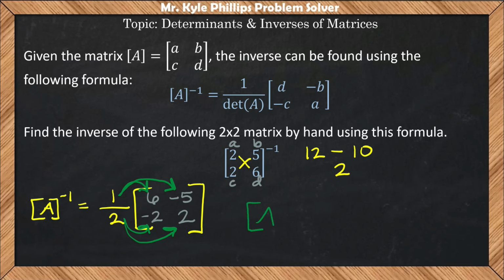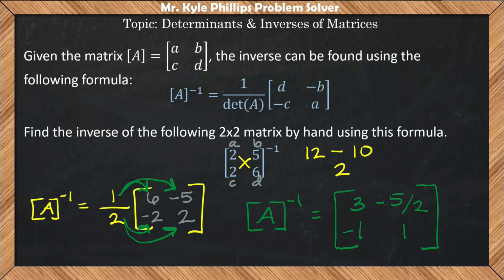So here, my inverse of matrix A is going to equal 1/2 times 6, which is 3, 1/2 times negative 5, which is negative 5/2, 1/2 times negative 2, and 1/2 times 2. So there's our inverse of matrix A.